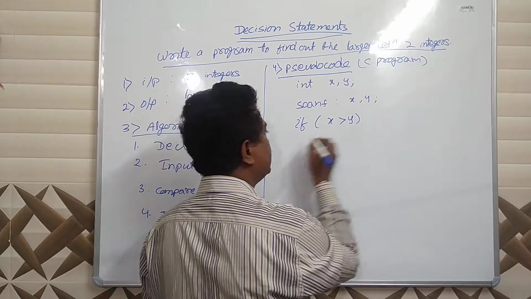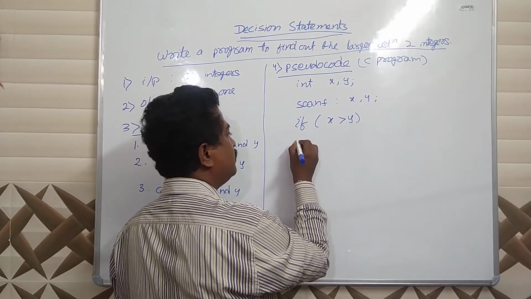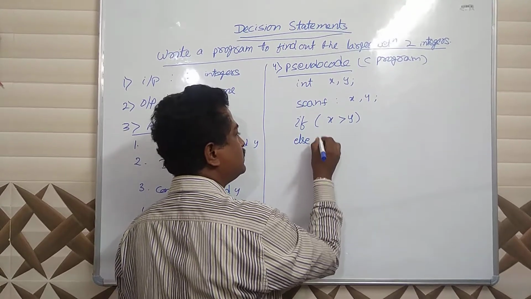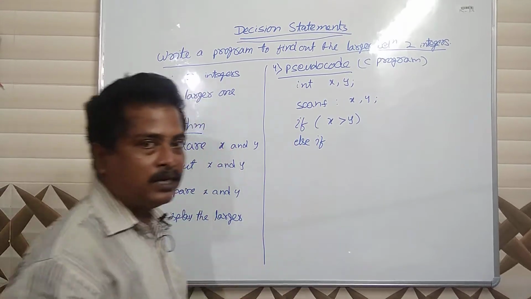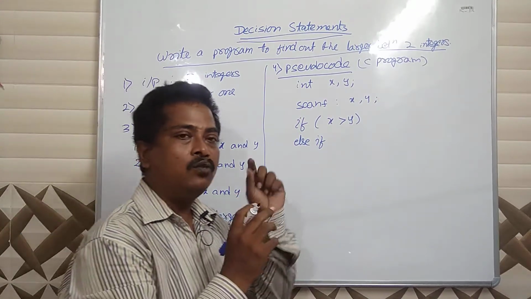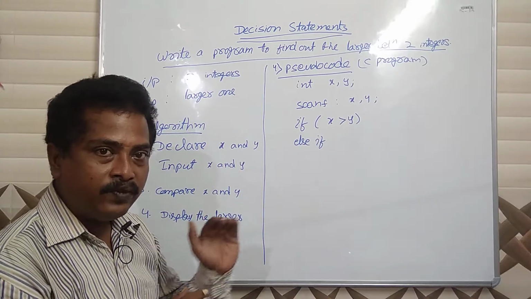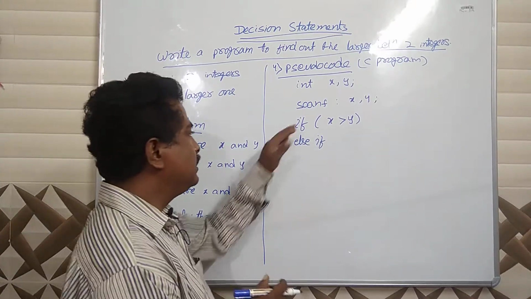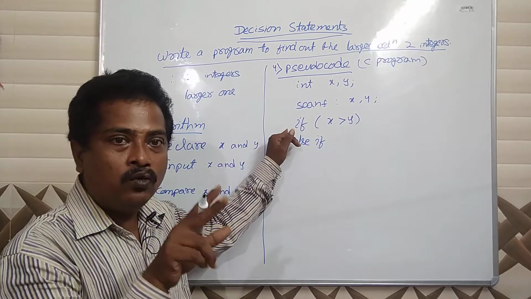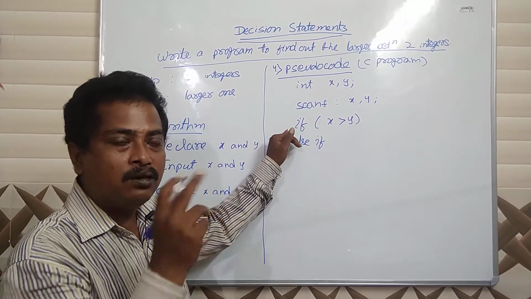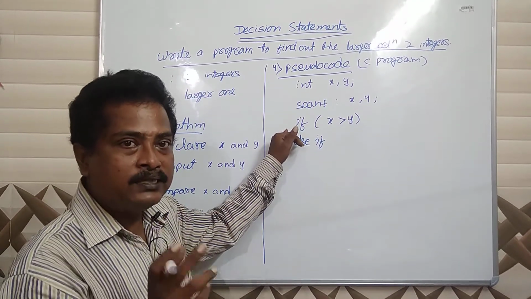You can write only if, you can write only if and else, or you can write an else if ladder. That means if there are only two conditions, either this or that, then if and else is okay.